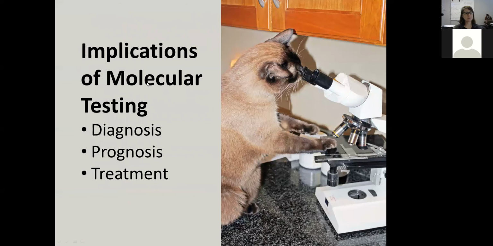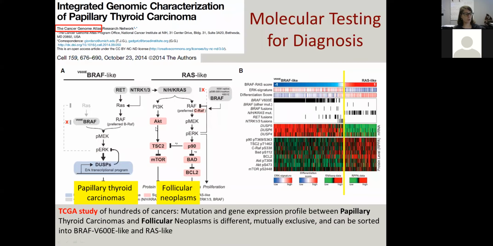I'm going to talk a little bit in the last 15 or so minutes about the implications of molecular testing for these three areas. A lot of the knowledge we have on molecular and thyroid came from the TCGA paper back in 2014, where they took all papillary carcinomas and ended up defining them into these BRAF V600E-like true papillary carcinomas and these RAS-like so-called follicular neoplasms.